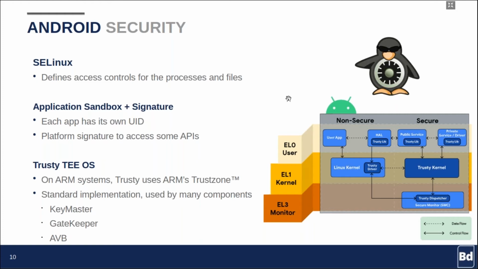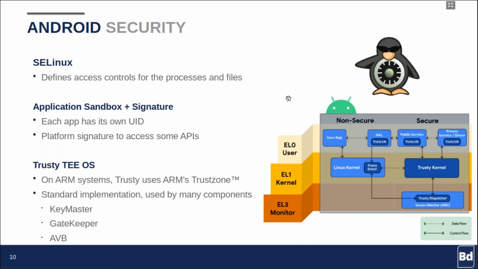And also there is a signature process which allows you to control that. For instance, if you want to update an application, the signature must be the same. And the signature is also used to control access to some specific APIs, where an application signed with a platform key versus an application signed with a developer key doesn't have the same accesses.